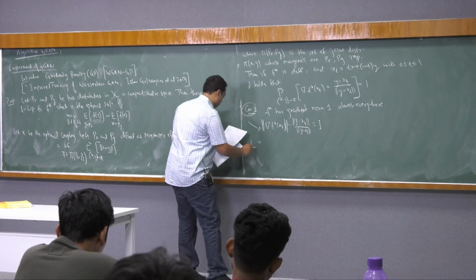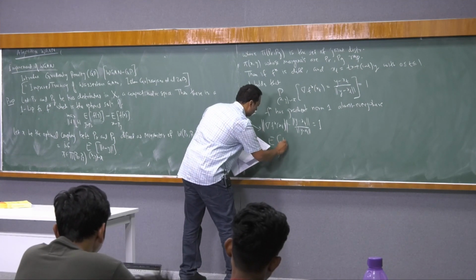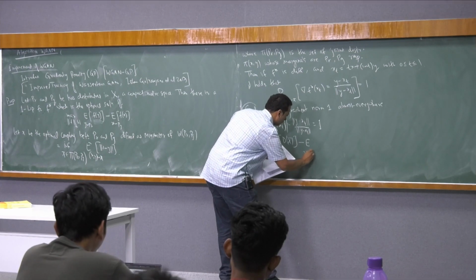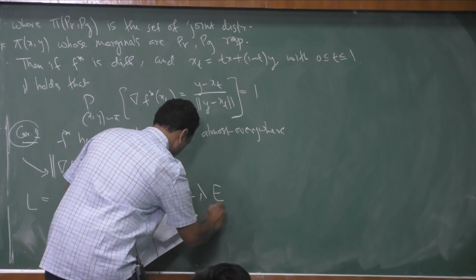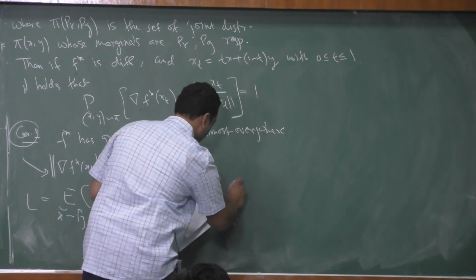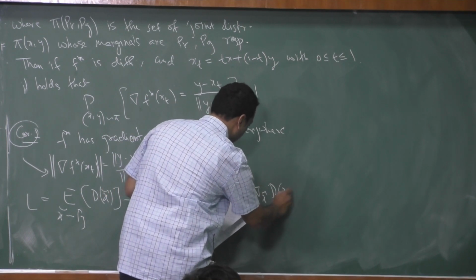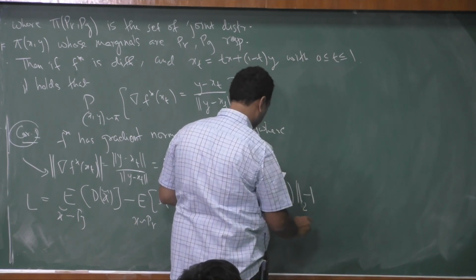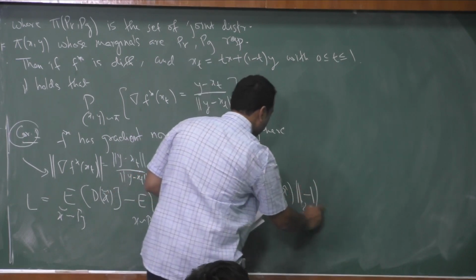The change proposed, in the notation of the original paper, is the expectation over x tilde from P_g of D(x tilde), minus the expectation over x from P_r of D(x), plus lambda times the expectation over x hat from P_x hat of (the norm of the gradient of D(x hat) minus 1), squared.